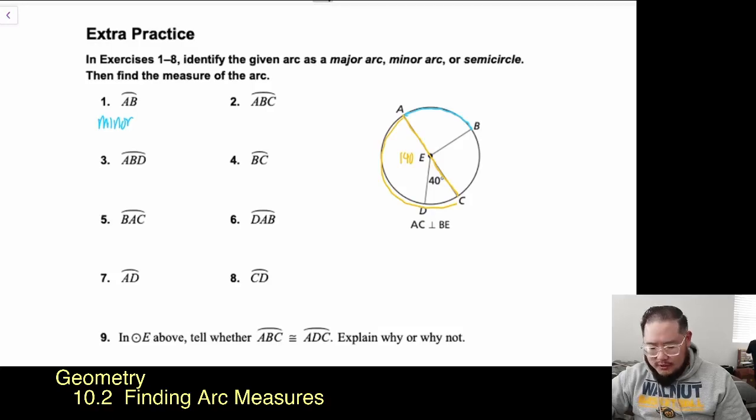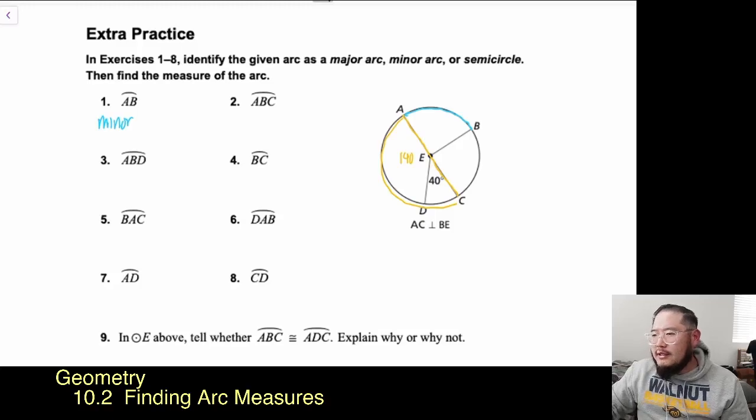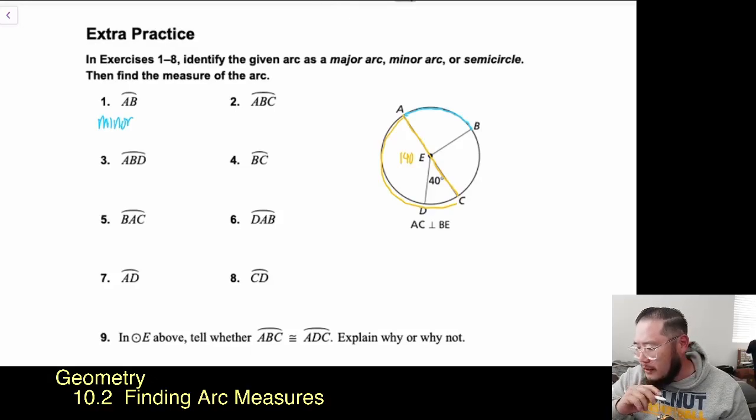Let's see what else they give us. If that happens to be 180, take a look. And I see right here at the bottom of the circle, it says that AC is perpendicular to BE.